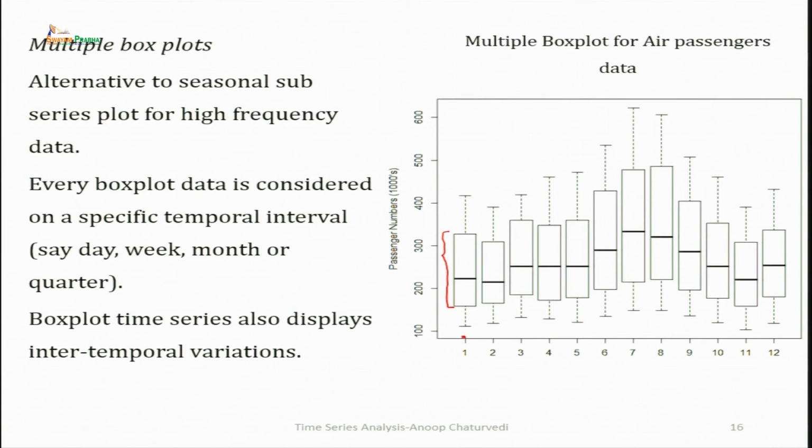Similarly, for the month of February, this interquartile range provides a measure of variation, and so on. In the middle, you plot median. Then these two lines are 1.5 times the interquartile range, where here we do not have any outliers.